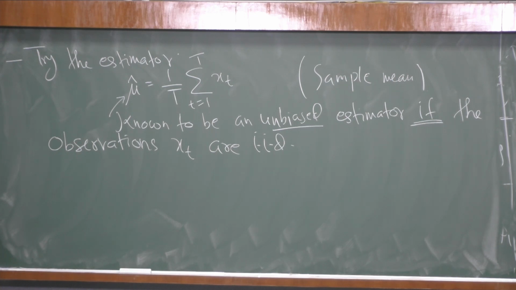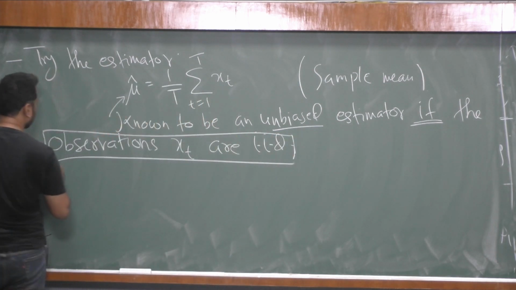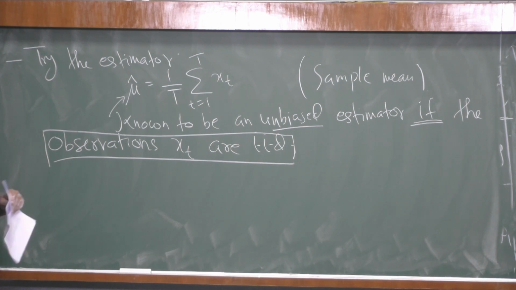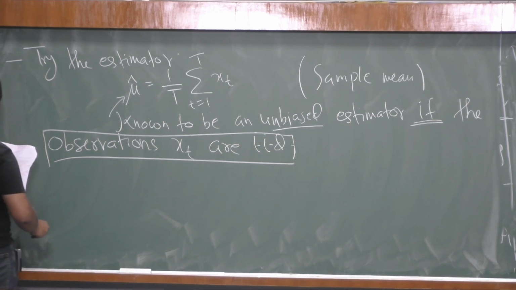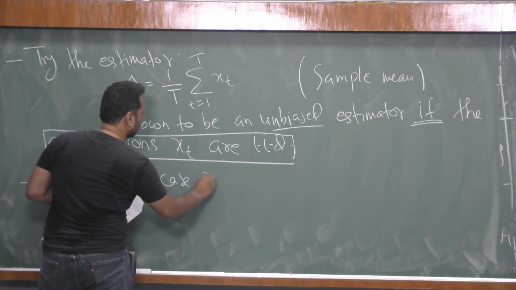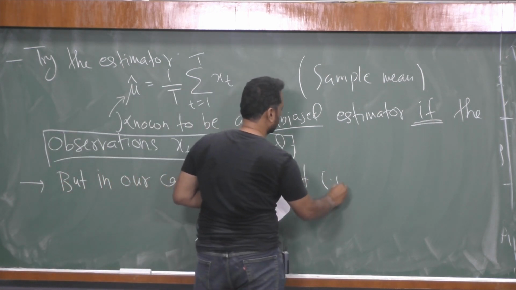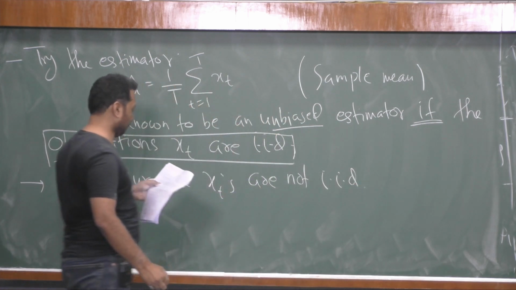But unfortunately, xt are not IID in our case. Okay, so we have to do some work here. We may not be able to use the law of large numbers. But in our case, xt are not IID.